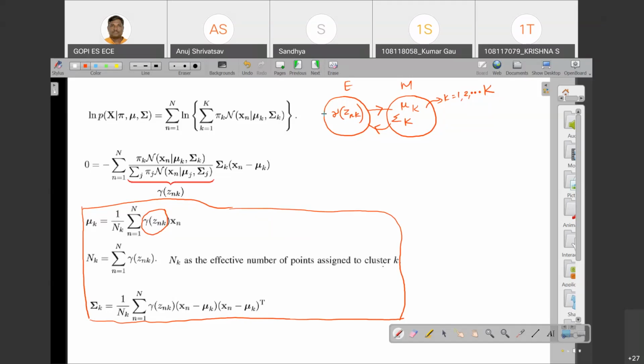I'm just comparing that. In case of HMM, alpha and beta give you this, and this gives you that. But in case of GMM, we have only one parameter, gamma, which gives you mu k and sigma k.